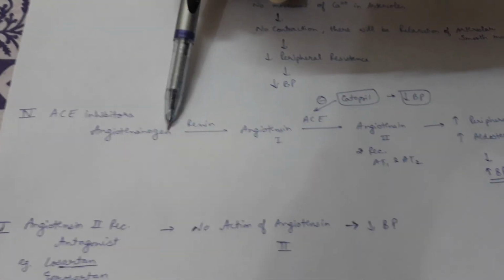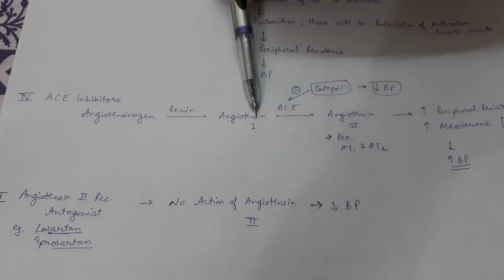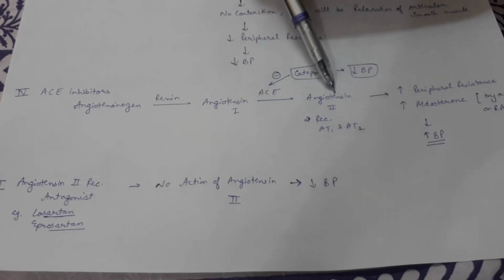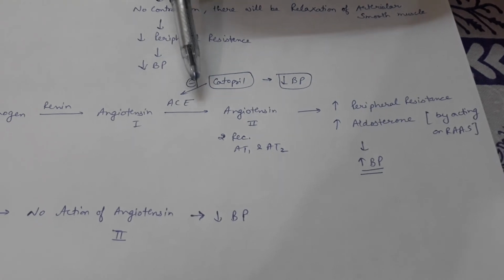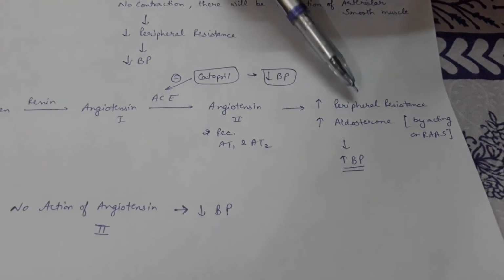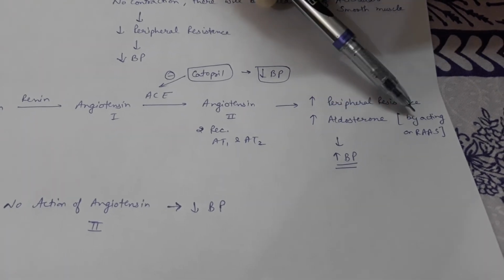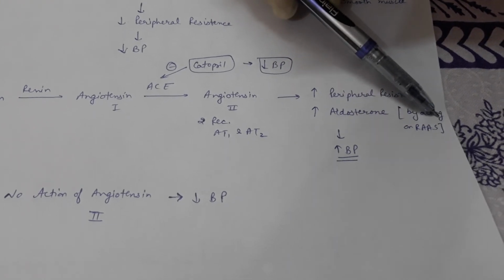This is the normal cycle we already discussed: angiotensinogen is converted to angiotensin 1 by renin, and angiotensin 1 is converted to angiotensin 2 by ACE, angiotensin converting enzyme. The normal action is that angiotensin 2 increases the peripheral resistance and increases aldosterone by acting on the RAAS, the renin angiotensin aldosterone system.